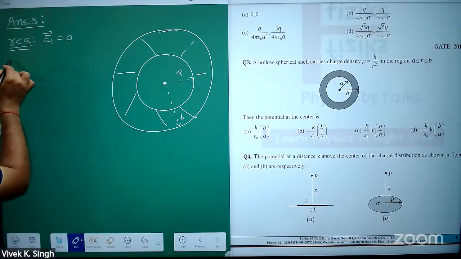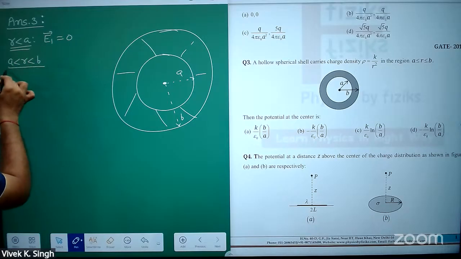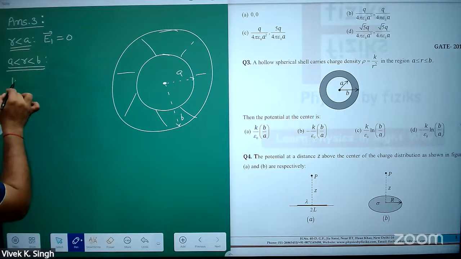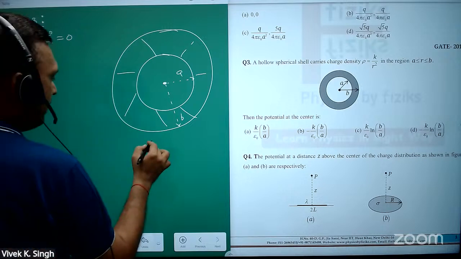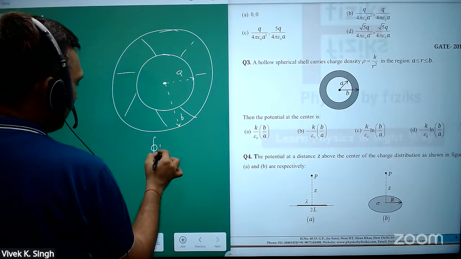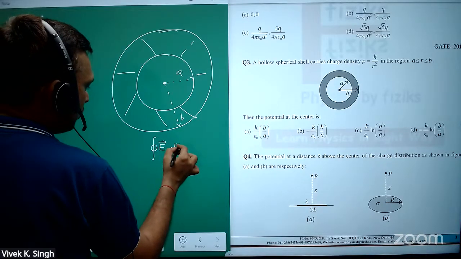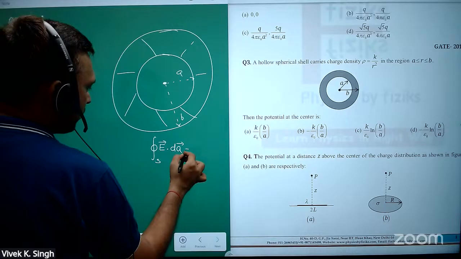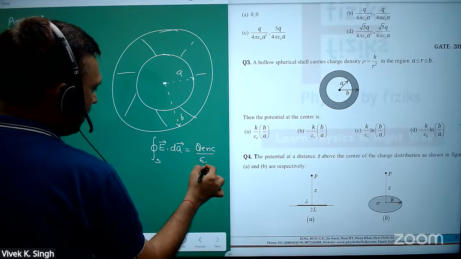But if you write in the region A less than r less than B, so in this region, let's say the electric field is E2, left hand side mod E2 times 4 pi r square. I'm using Gauss law, closed integral E dot dA is equal to Q enclosed by epsilon naught.